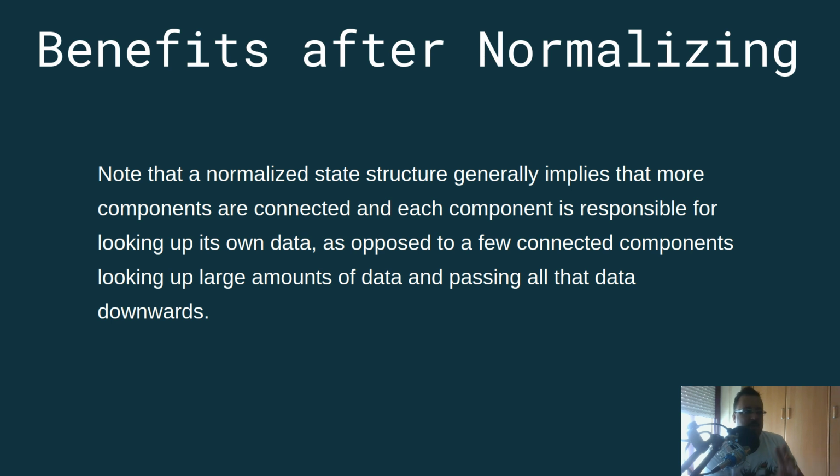So independence. As opposed to a few connected components looking up large amounts of data and passing all the data downwards. So we have this kind of independence among the components. Each component has its own data and is responsible for retrieving it.